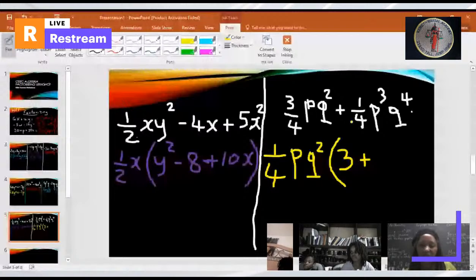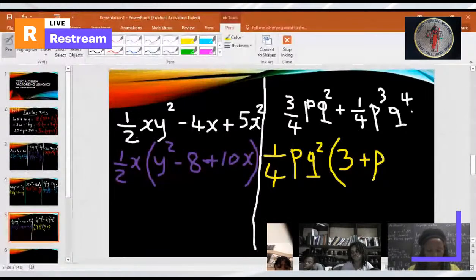P into P to the third power. What do we have here, P to the what? It would be P squared. P squared, yeah.